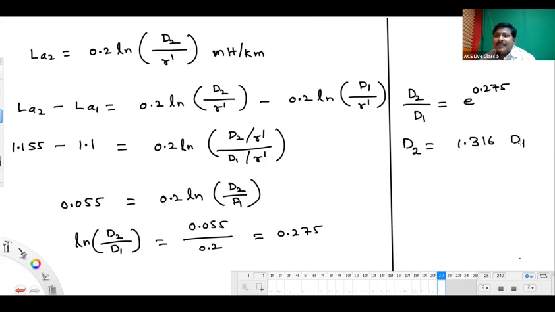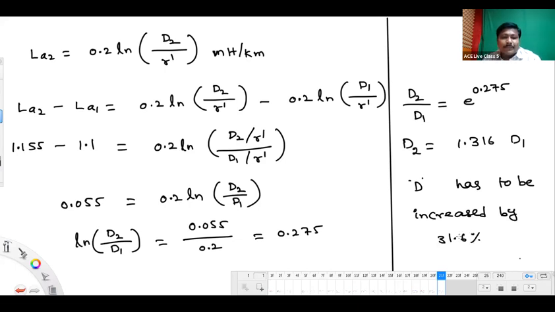So the distance between the conductors has to be increased by 31.6% to have an increment of inductance by 5%.